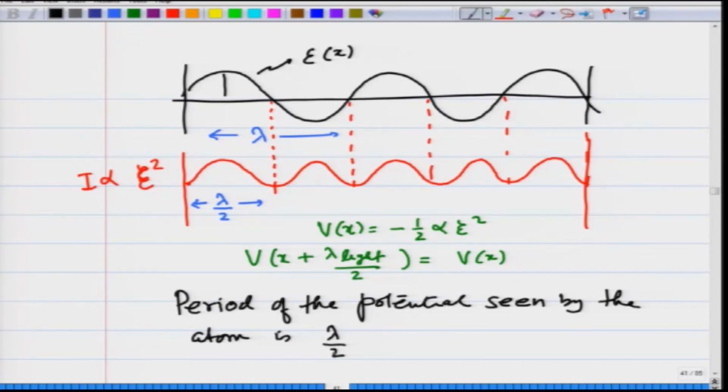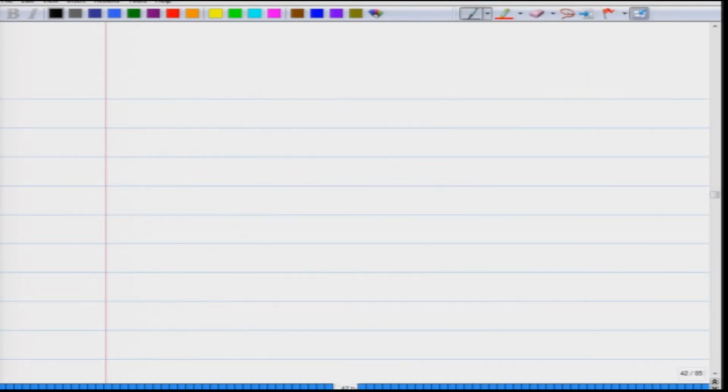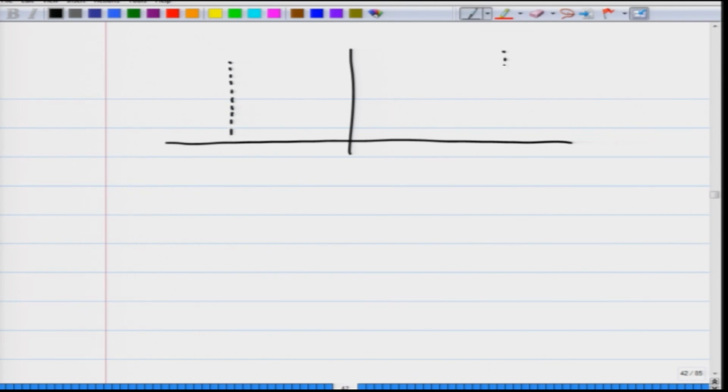It is moving in a periodic potential, and therefore, this is known as an optical lattice. And if I were to plot the energy of this atom in the system, it will look exactly like particle in a periodic potential.